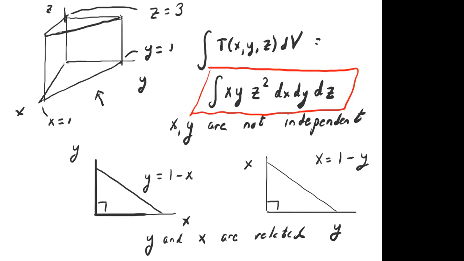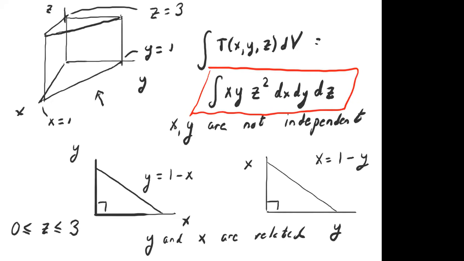So what am I talking about? Let's take that into account over here. Let's take the easy one first. z is just a variable that's going to go from 0 to 3, the height of the prism.